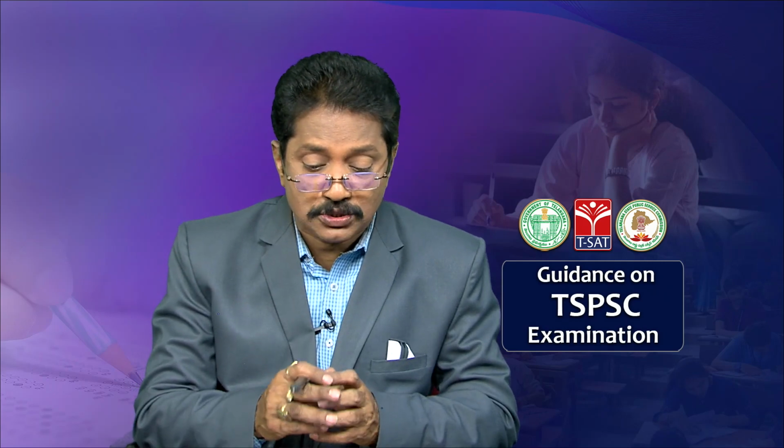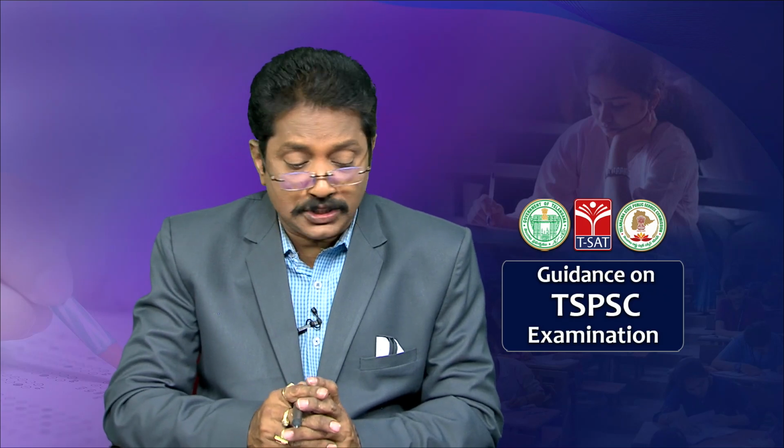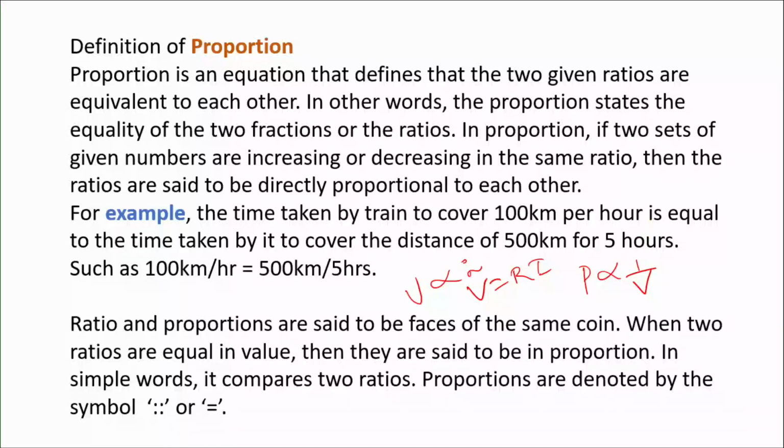So, here the proportion is an equation that defines that two given ratios are equivalent to each other. In other words, the proportion states the equality of two fractions or ratios, in which two sets of given numbers are increasing or decreasing. I will give a small example: kilometer per hour, meter per second.